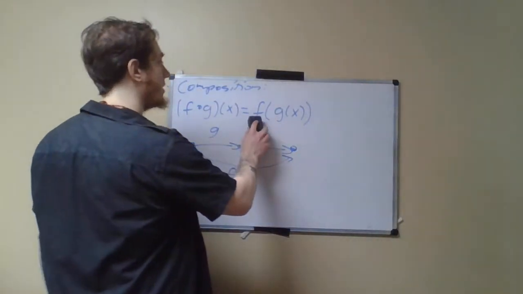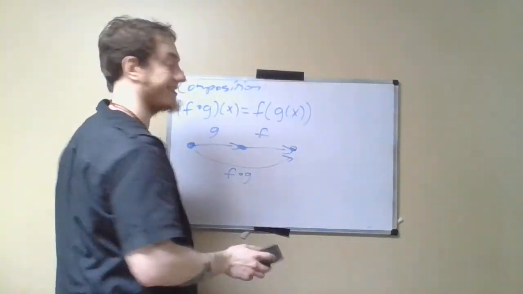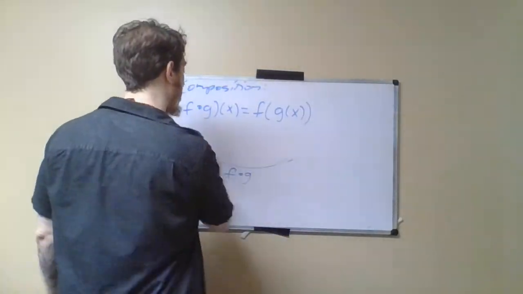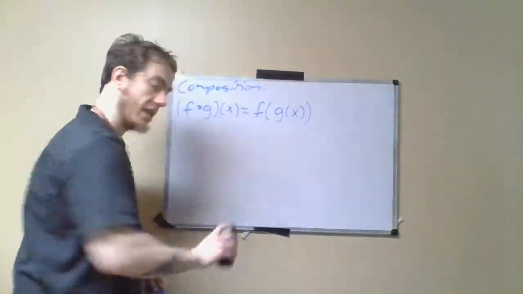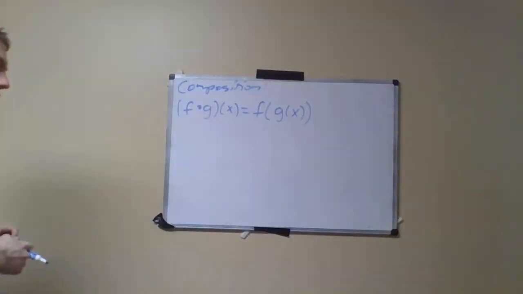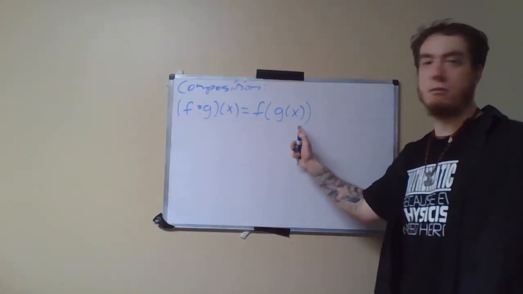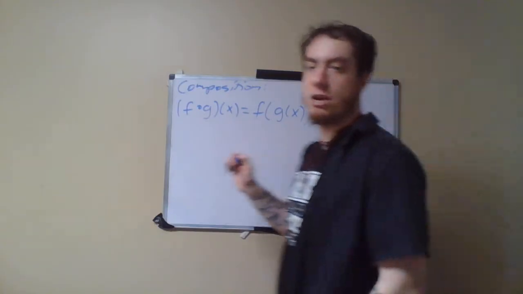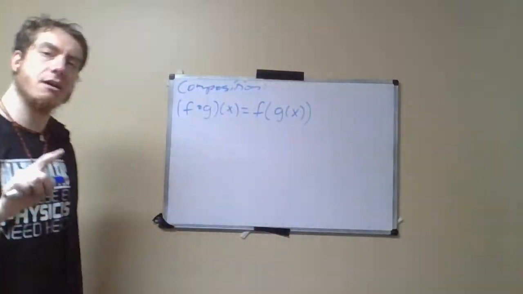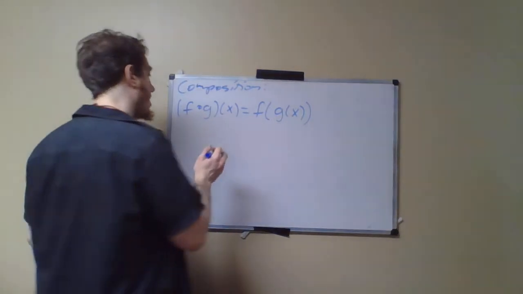Now, the thing is, I like to write it as f of g of x because this makes it very clear what you are really doing. And just like before, we need to be careful about the domains because although we can come up with a simplified expression here, we do sometimes end up messing with the domain in the process.